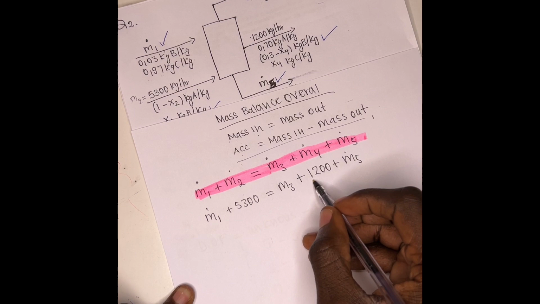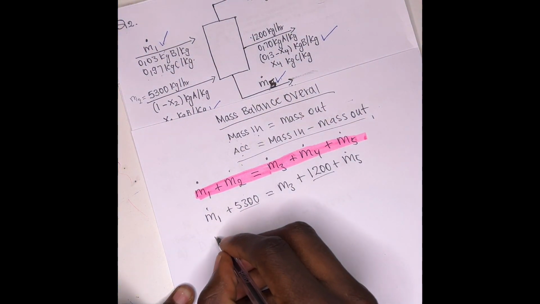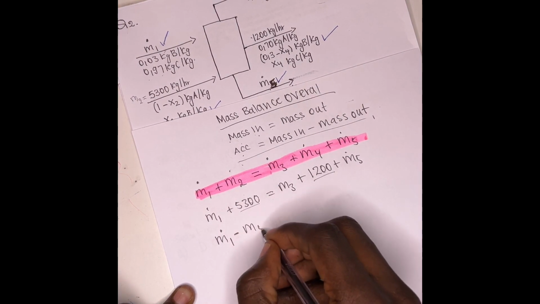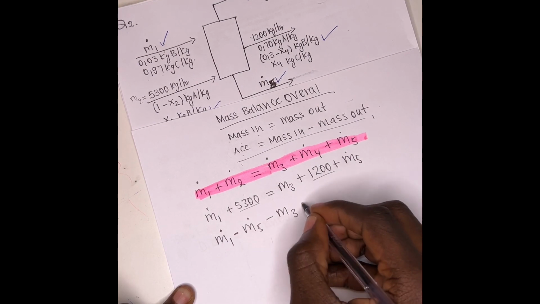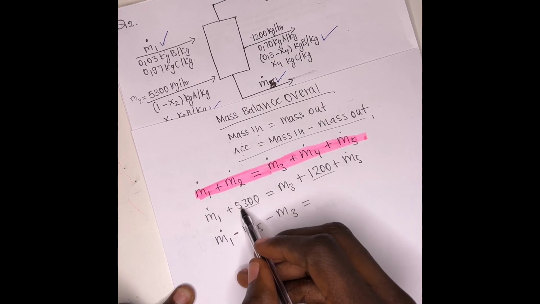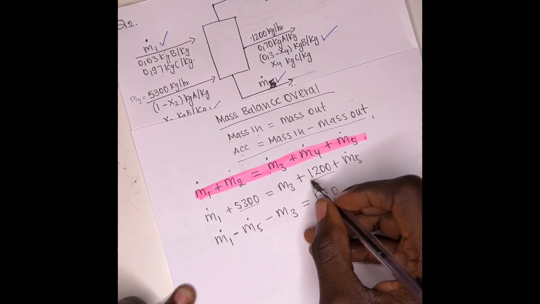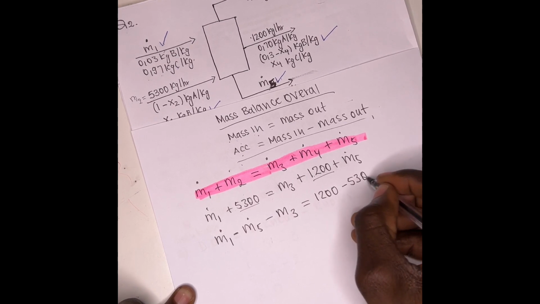So guys, this is a value and this is a value, so we can add them. Either way, M1 stays this side, you take this guy, this side is going to be negative M5. You take this guy, you put here also negative M3, and then you're going to have this guy 1,000. They just put 1,200 minus, because it's going that side, minus 300.